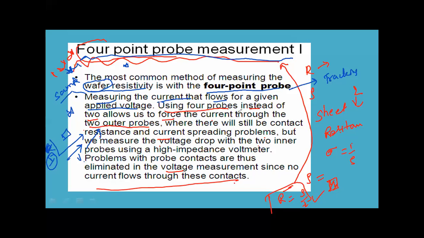The third point is that out of 4 probes, 2 probes can be used to measure the voltage drop, with the 2 inner probes we measure the current, and this would help a lot to minimize the contact resistance.